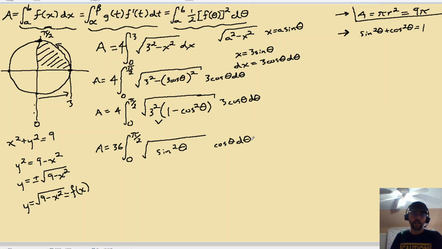Sorry, I have to go back several steps. I do this a lot in my videos, but I'm not re-recording the whole video. As you can see, x was supposed to be 3 sine of theta, so this was supposed to be sine of theta. This then was supposed to be sine of theta.